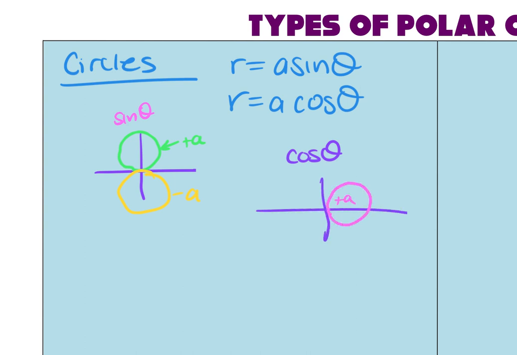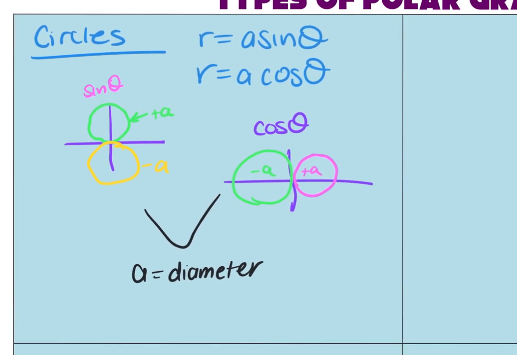Positive A to the right, negative A to the left. And for all of these, A is your diameter length. So I start at 0, 0, and I end at A. Questions on circles. Circles are the easiest if you know what you're doing. You don't have to plug in any points.